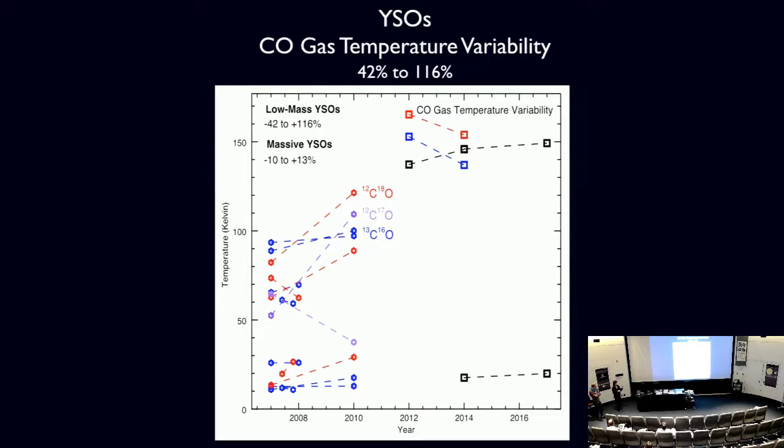But we see a signature in disks, so we can say it could be happening in protoplanetary disks like the solar nebula probably was, so maybe it happened in the solar nebula. That's all we ever said in the paper in 2009: this is a signature of CO self-shielding, which is supportive of the hypothesis. Whether it happens in the cloud or the disk is not really my fight.